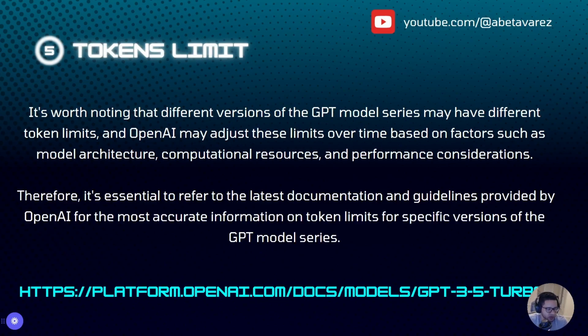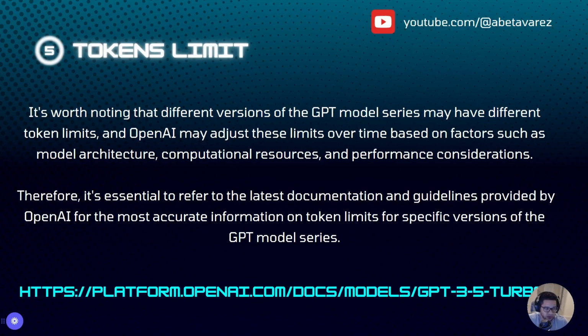And that's what we are going to do in the playground. It's worth noting that different versions of GPT models, model series, may have different token limits, of course, and OpenAI may adjust its limits over time based on factors such as model architecture, computational resources, and performance considerations.